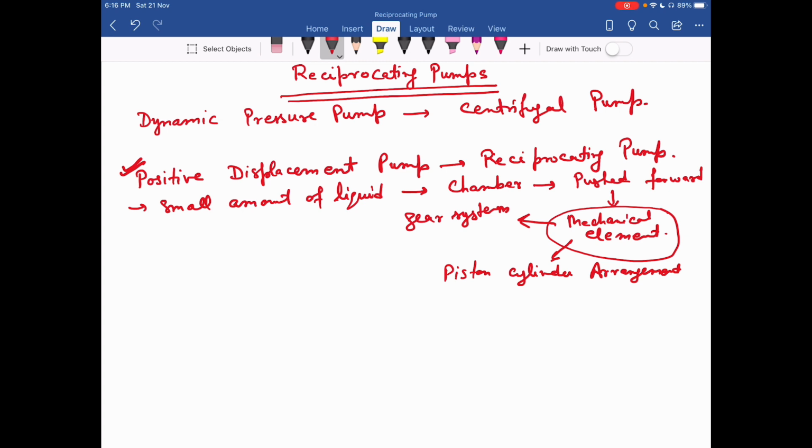So if we fill and empty that chamber with the help of a piston, and further that piston is controlled by some other external element, that type of pump we call the reciprocating pump.